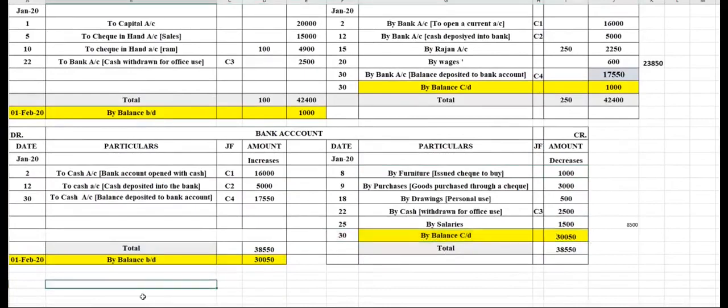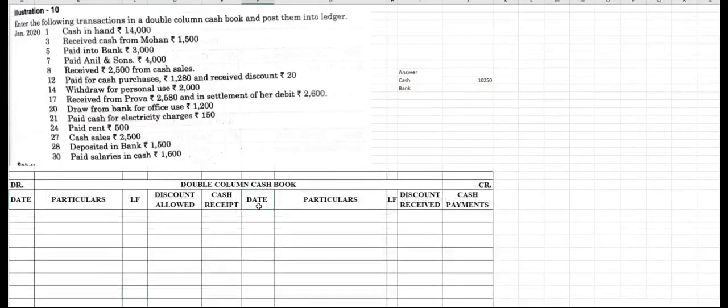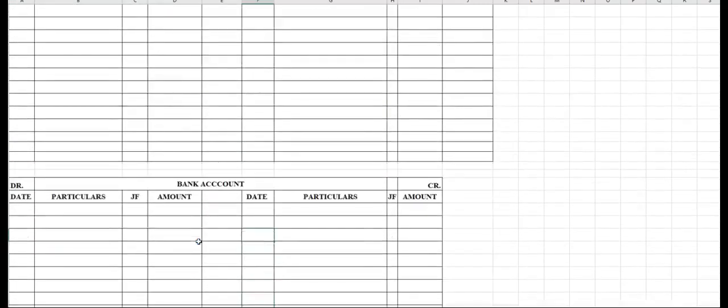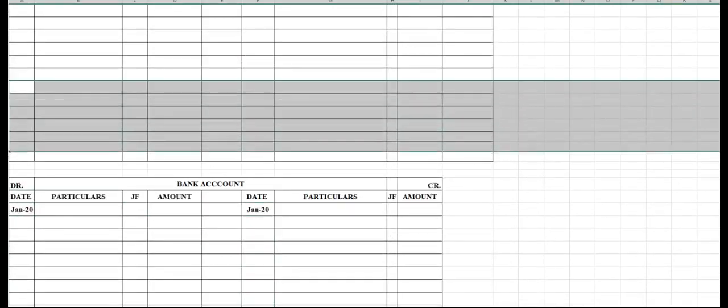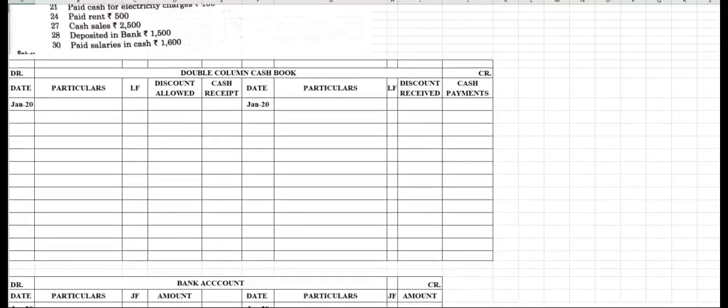Okay, so next and the last problem of this double column cash book, cash in hand. It is in January 2020. Okay, I will remove few columns which were not required.